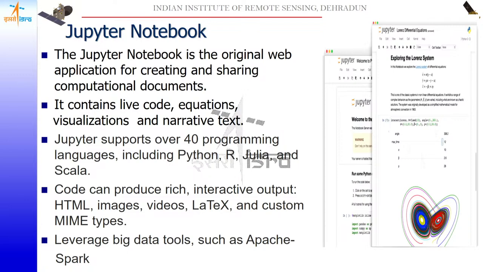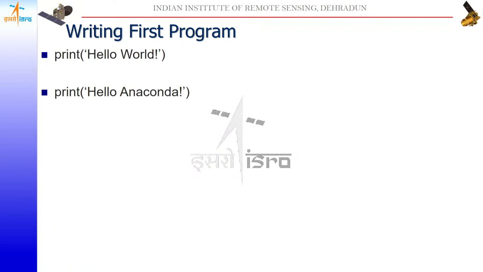Your command is sent to the Python kernel for execution, the kernel executes it and returns the result, and the results are shown nicely formatted in the Jupyter Notebook. Jupyter Notebook supports over 40 programming languages including Python, R, Julia, and Scala. You can produce code as well as rich and interactive output like HTML, text, images, video, LaTeX, and also big data tools like Apache Spark. Anyway, this is not important.